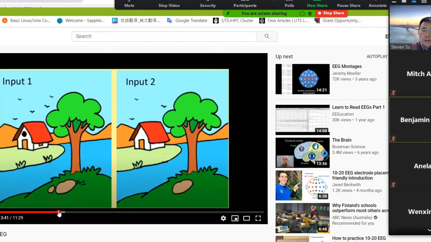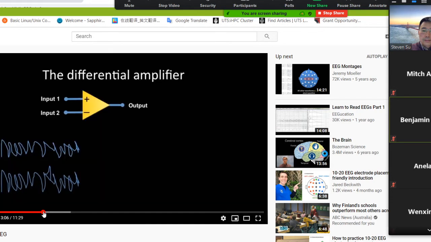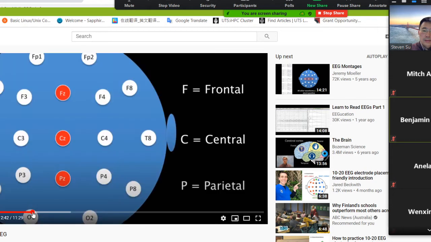So today, we want to develop a differential amplifier. Differential amplifier, because basically for ECG or EEG, especially for EEG, the signal is very weak, and there is always some disturbance.